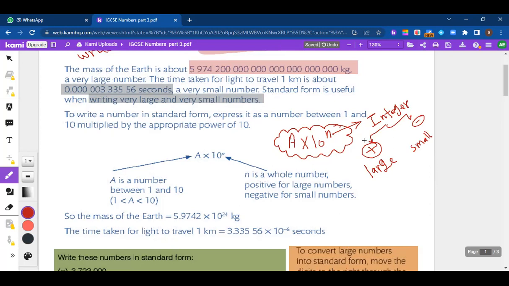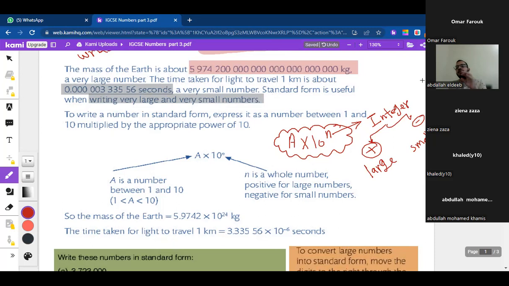How about A? And 10 is constant. You have to write 10 in all the questions. And what is A? A is a number greater than or equal to 1 and less than 10.